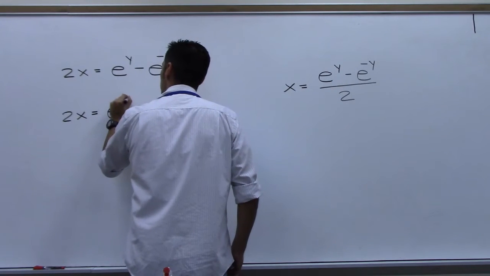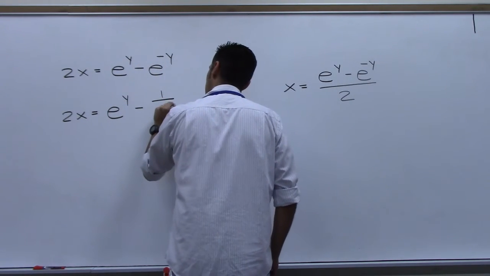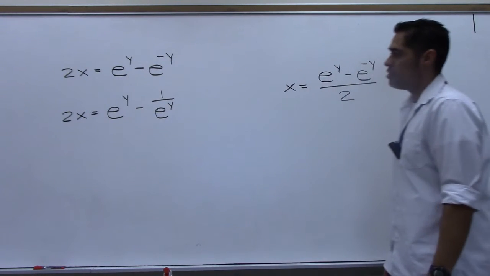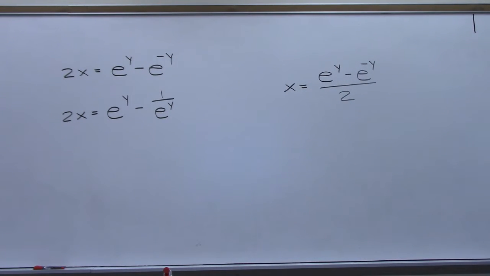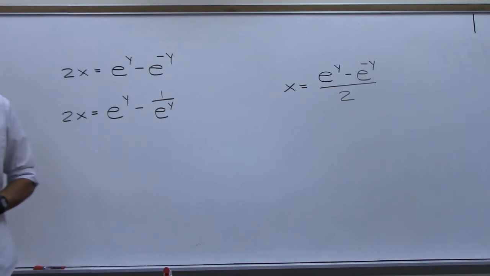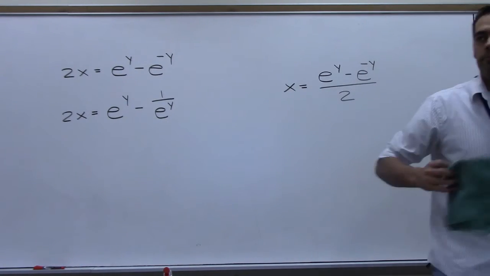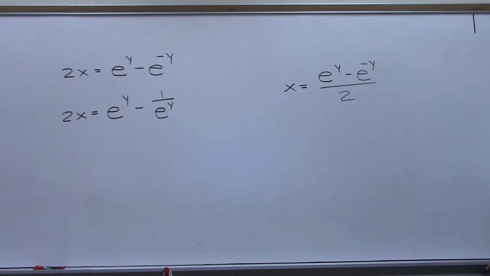Every time I do this problem, I always like to give somebody an opportunity to either show me they've seen something like this before, to show off a little bit that they know their stuff. Anyone know how you would solve that for y?